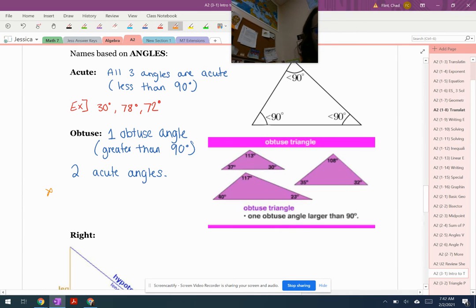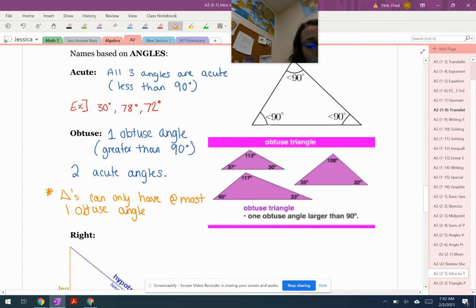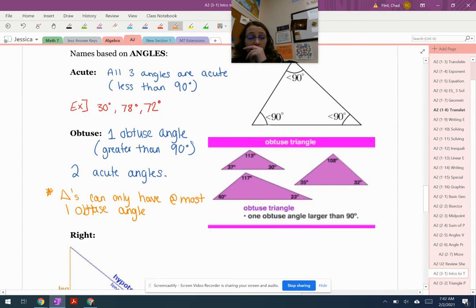I'm going to emphasize that. Triangles can have at most one obtuse angle. It can't have more than one. Otherwise, it's not going to work out, the measurements, the adding up.